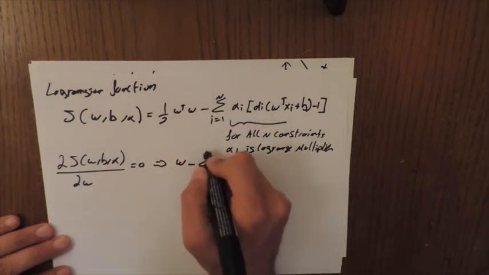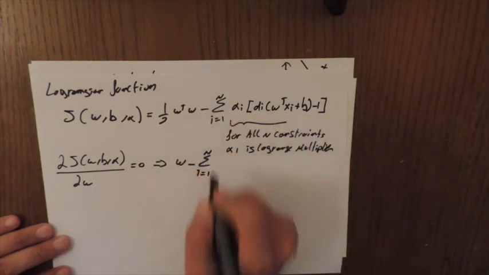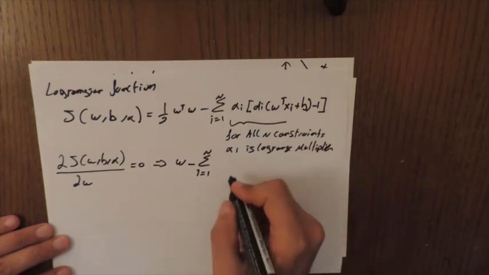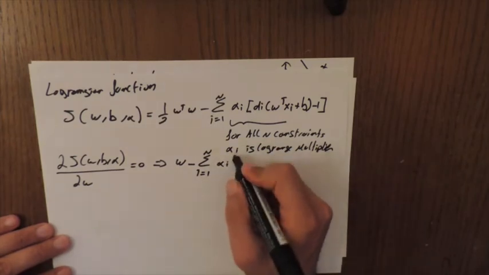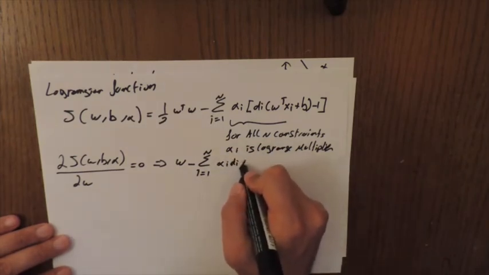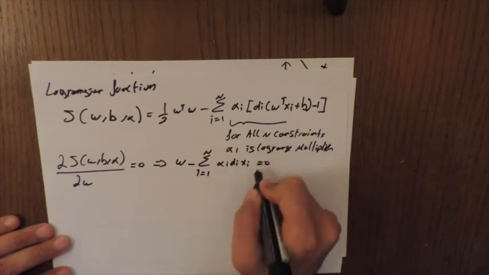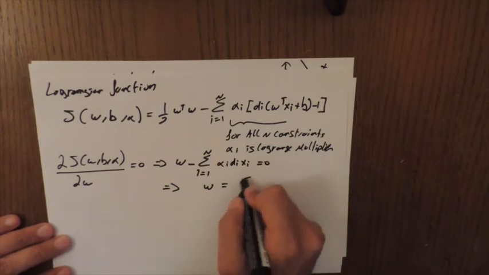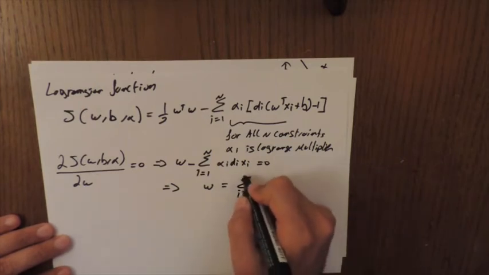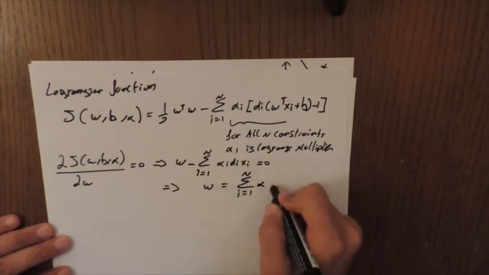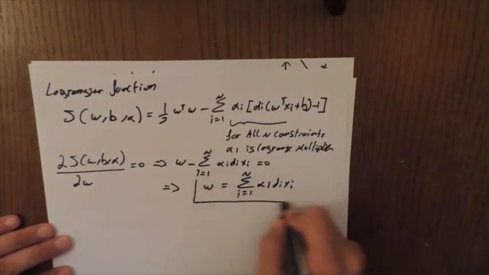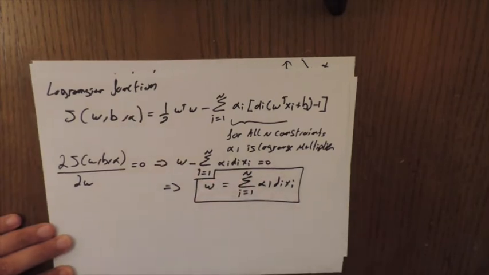Inside the summation the derivative goes inside, and the remaining is 0, so it will be alpha i d i x i, equal to 0. This implies the first condition is as follows: the weight should be equal to the summation of alpha i d i x i. So this is my first condition.